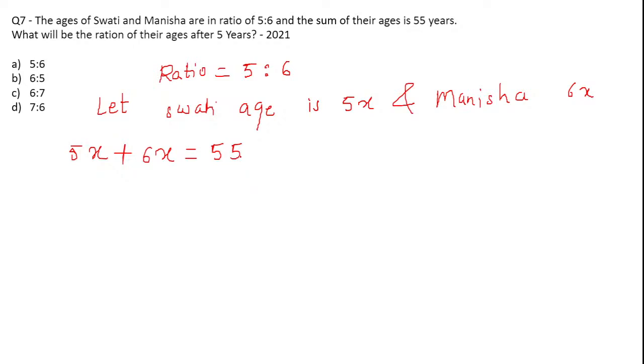From this we can calculate the value of x. So it comes 11x equals 55. Okay, so x is equal to 5. Now we have to find the ages after 5 years. Correct.